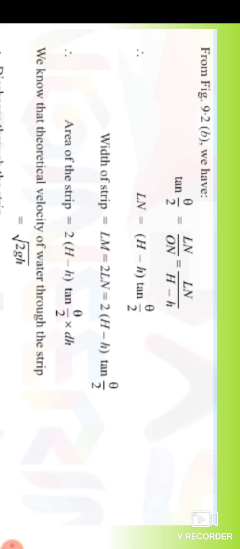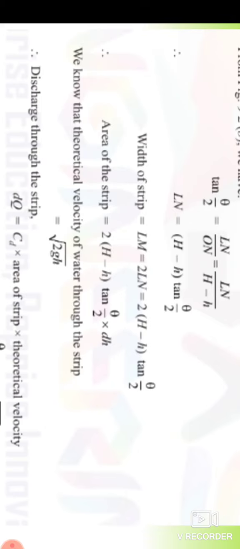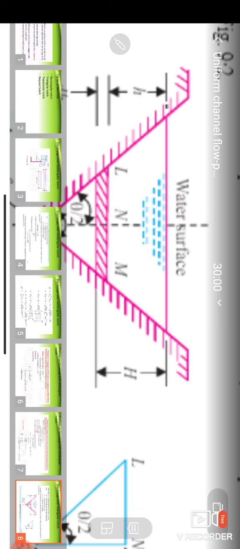Okay, ln divided by on is equal to ln by H minus h. So tan theta is equal to ln by H minus h, and ln is equal to H minus h into tan theta. And what is the width of the strip?